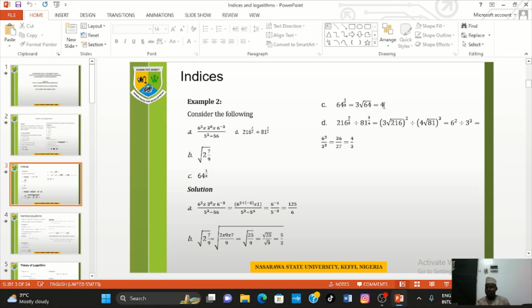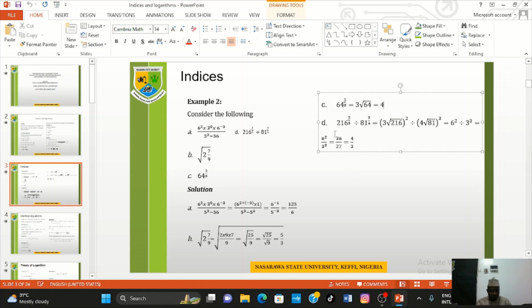Then that number is the answer to that particular expression. Meaning when we say 4 times 4 times 4, 3 times will give us 64. So it means 4 is the answer. But when you press the calculator directly, you say the cube root of 64, the result will be 4. But without the calculator, you think of a number where you multiply it 3 times, the result will be this 64, then that particular number is the answer.